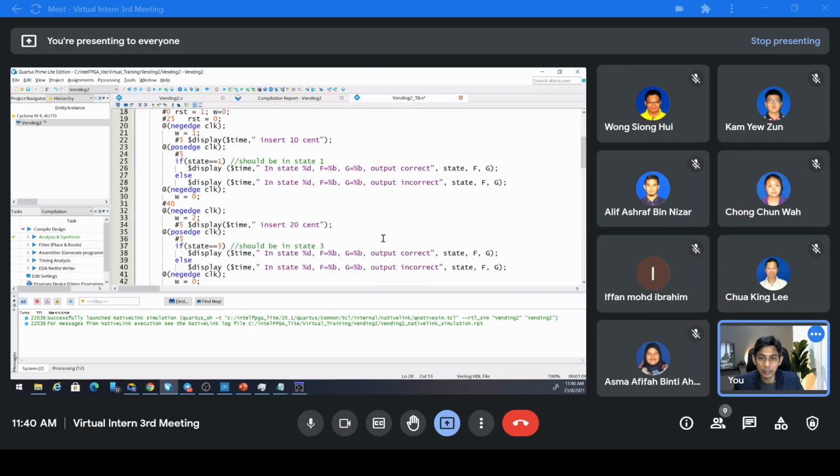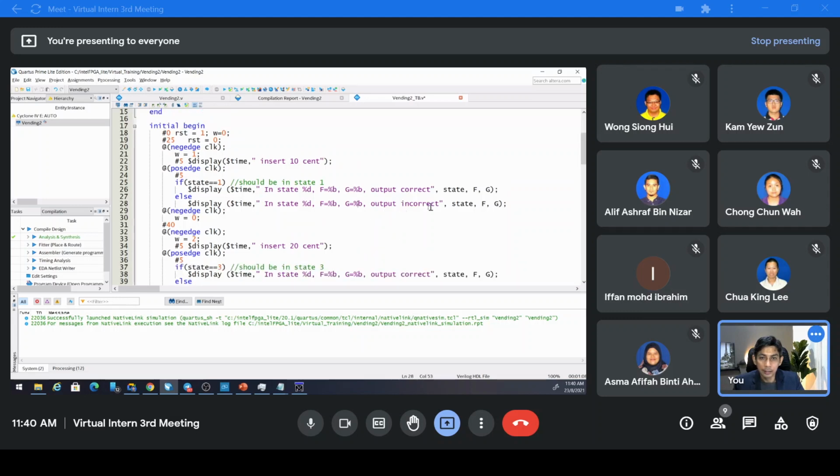And it will show incorrect. In our case, the output is correct, that's why it shows this one, because the condition is true.